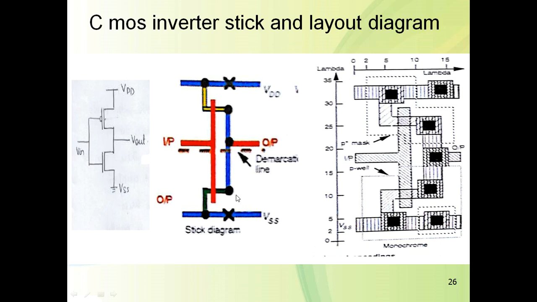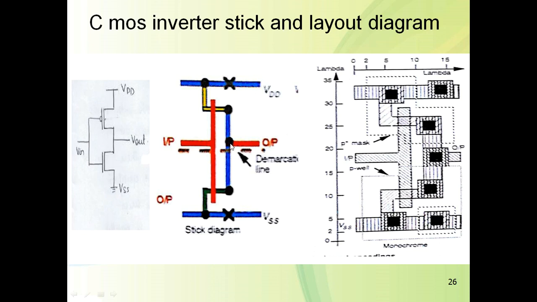But we know the rules of CMOS for drawing the inverter stick diagram. Metal can cross the demarcation line, poly can cross the demarcation line, but diffusion layers cannot cross the demarcation line, and hence we have used metal one to connect drain to drain.